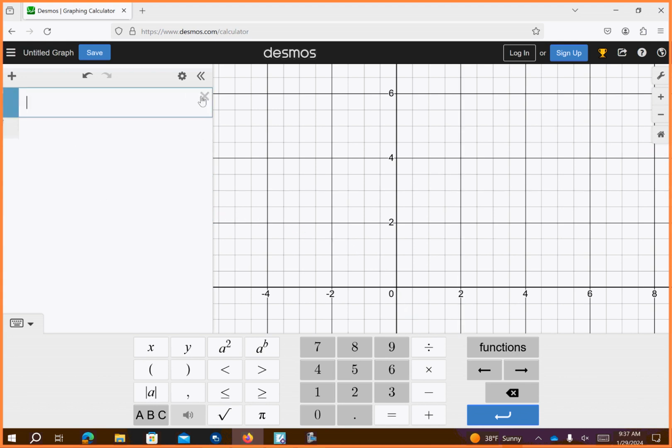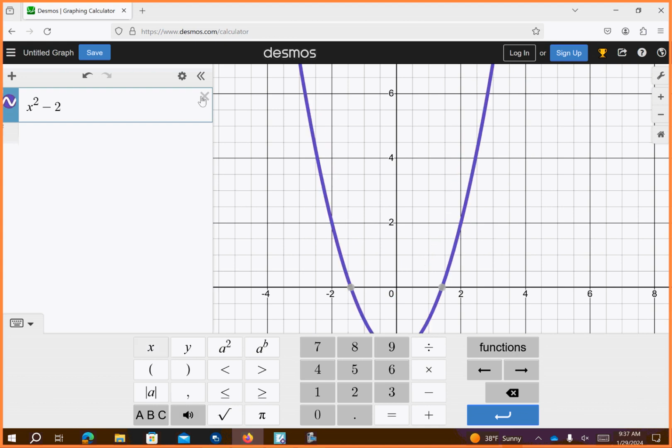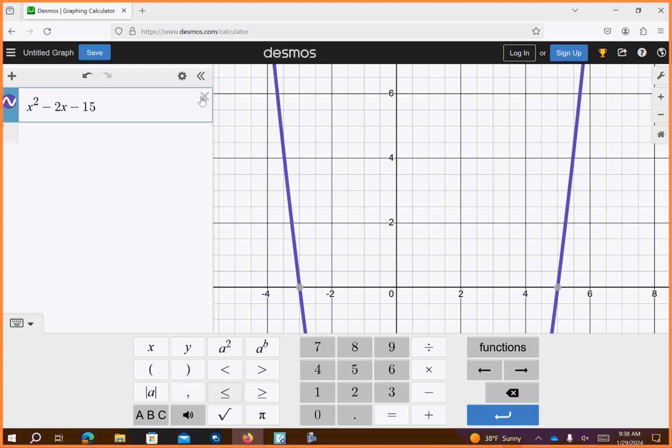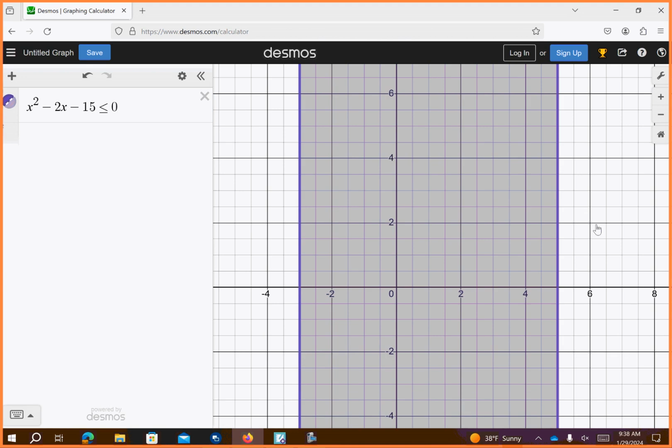So I'm going to type x squared minus 2x minus 15 is less than or equal to 0. Okay, so if I picked any x value in that purple region, if we plugged one of those numbers in, our value to our equation would be a negative number.